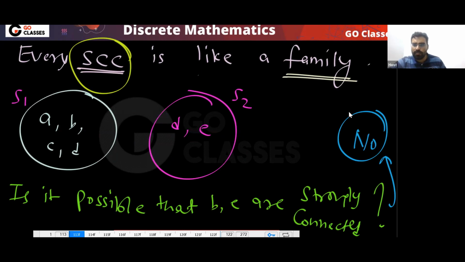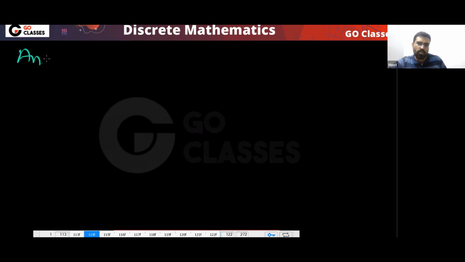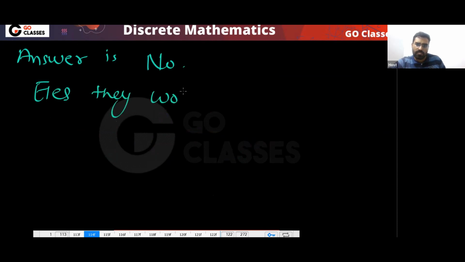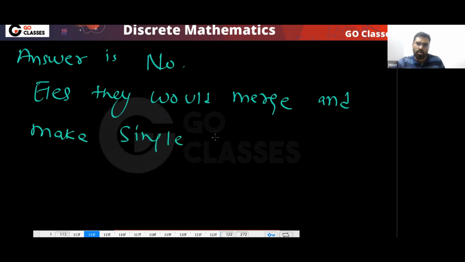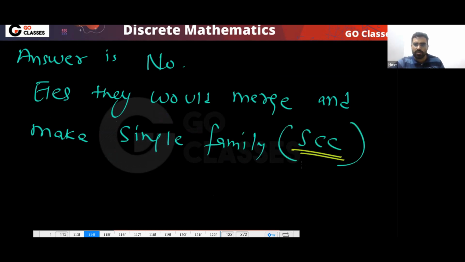The answer is no, because else they would merge and make a single family, a single strongly connected component. So this is the idea.